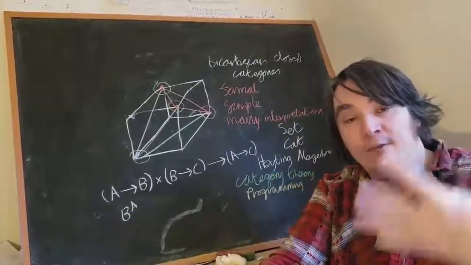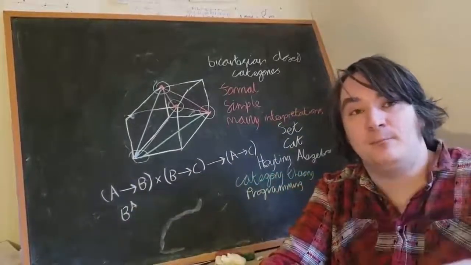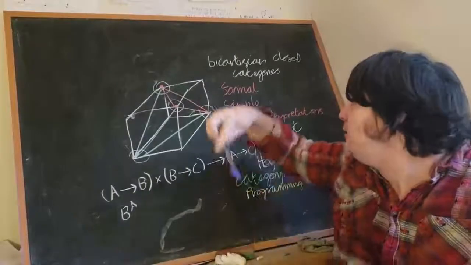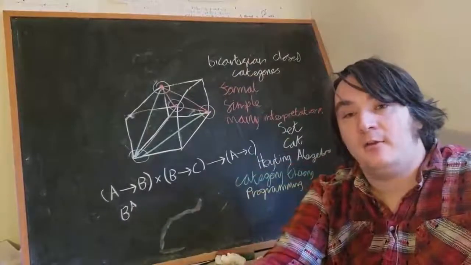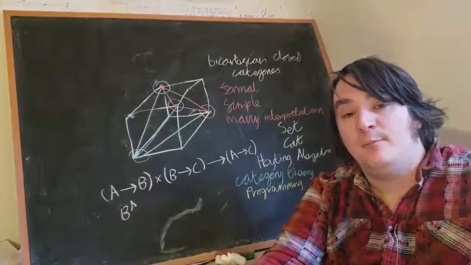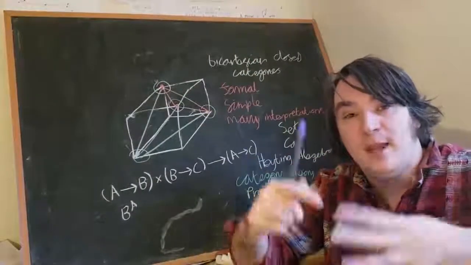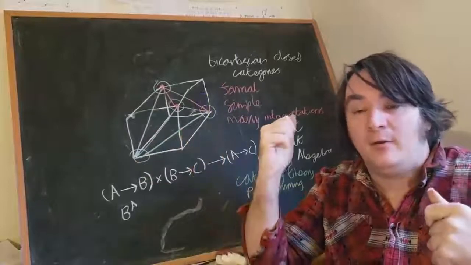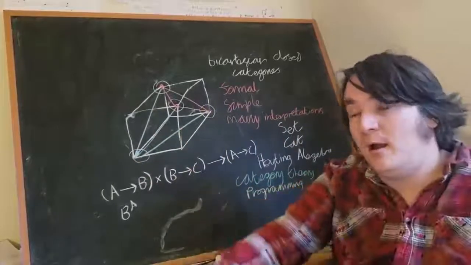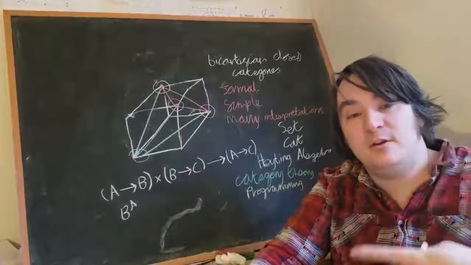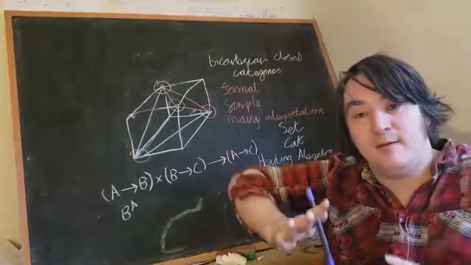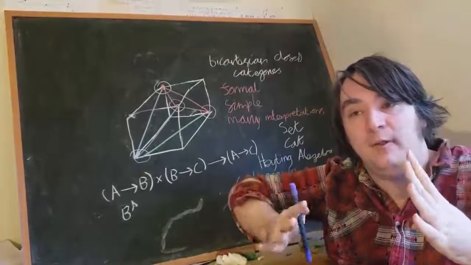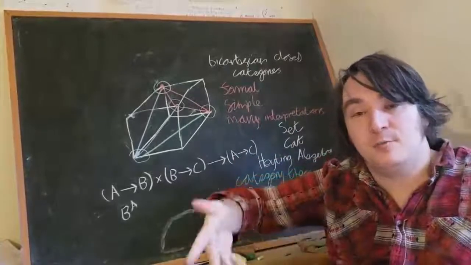So this is just one of the many examples where we can use the gadgetry within a Bicartesian closed category to build up some quite sophisticated ideas. And as I've already said, all of these proofs in intuitionistic logic can be done by manipulating these elementary gadgets and so much more.